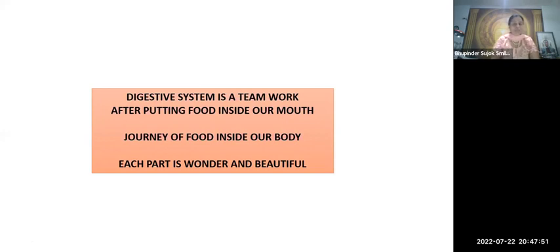So now, the digestive system is teamwork. And what happens when you put food inside your mouth? The journey of food begins. Each part of the digestive system is so beautiful. We don't usually use this word. We don't say the stomach is beautiful.